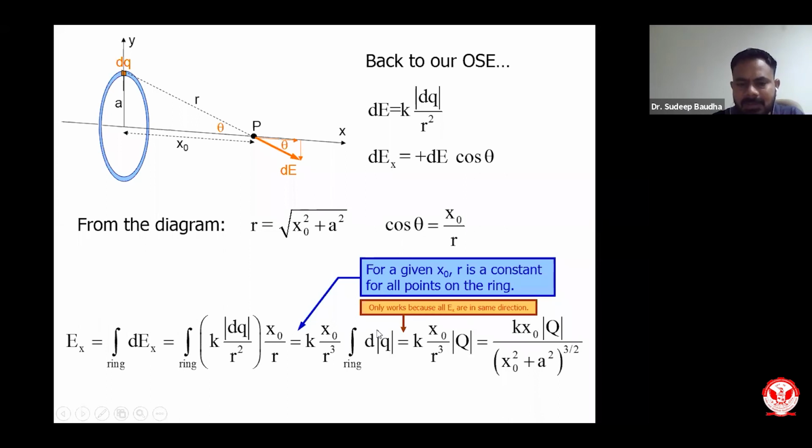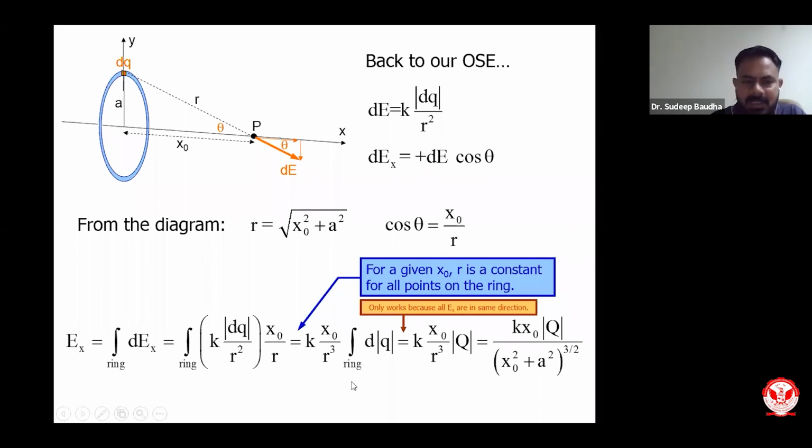So what will be the integration across the ring? It is very simple. Across the ring, the charge is uniform, so the total charge will be q. Then I can write r as the square root of x naught square plus a square, and keep this value.